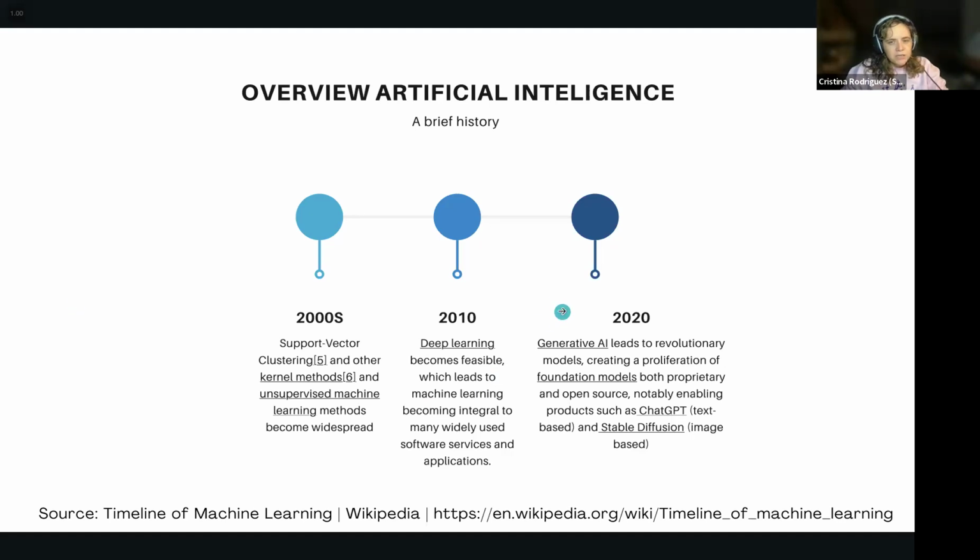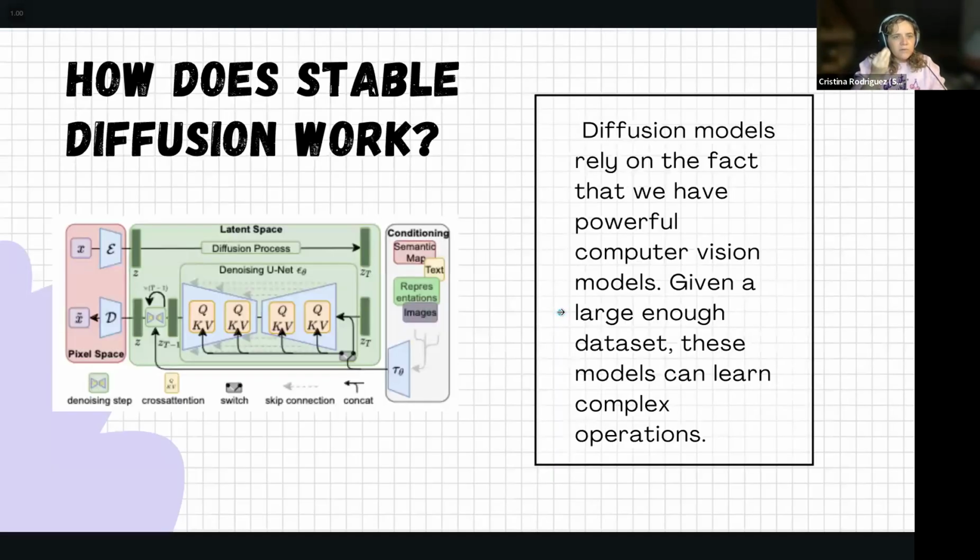Now let's start talking about how stable diffusion works. Stable diffusion is the foundational model used in generative AI to create new images.